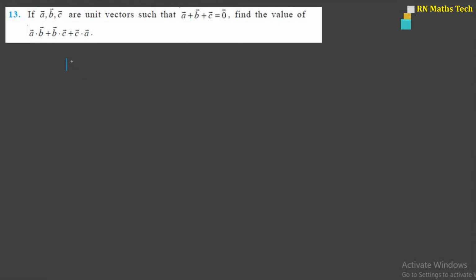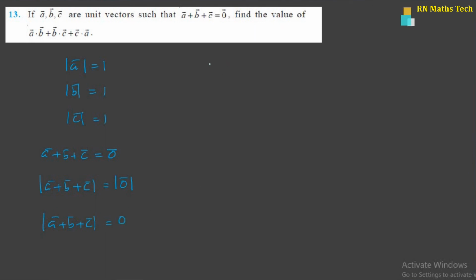See, mod a bar equal to 1, mod b bar equal to 1, mod c bar equal to 1, unit vectors. Now a bar plus b bar plus c bar equal to 0 bar, that is given. So its modulus of a bar plus b bar plus c bar is equal to modulus of 0 vector, which is 0.